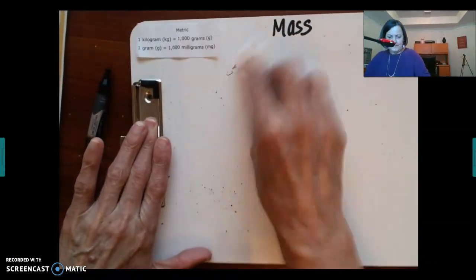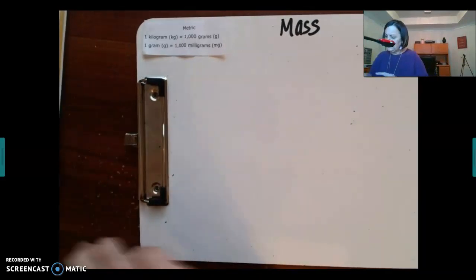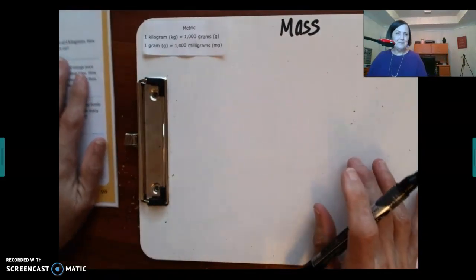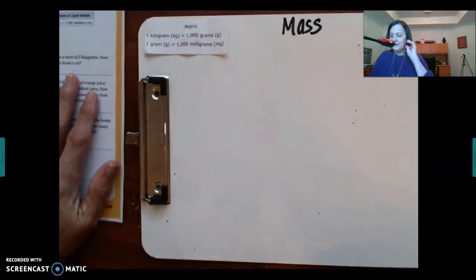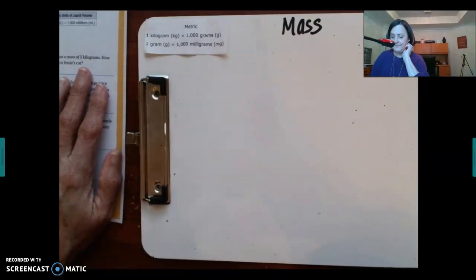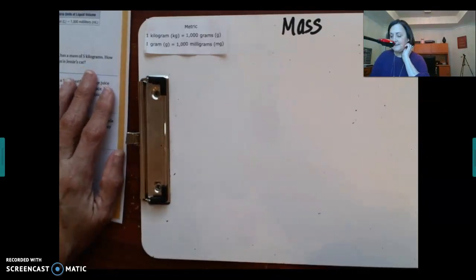We just have a couple minutes that we're going to do a word problem, and I'm going to read it to you. Jesse's cat has a mass of 5 kilograms. How many grams is Jesse's cat? Jesse's cat has a mass of 5 kilograms.